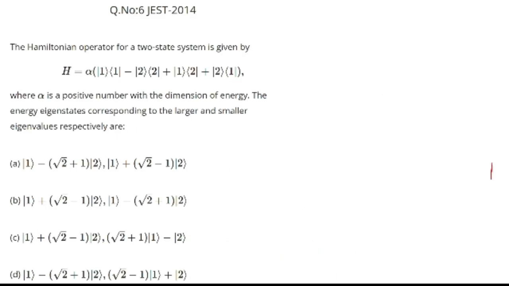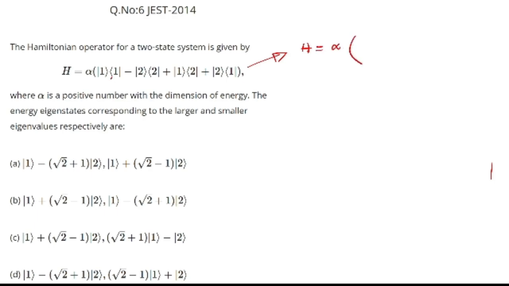Okay, next problem. The Hamiltonian operator for a two state system is given, and alpha is a positive number with the dimension of energy, and the energy eigenstates correspond to the larger and smaller eigenvalues respectively. For this problem we first have to write the matrix form of this Hamiltonian.